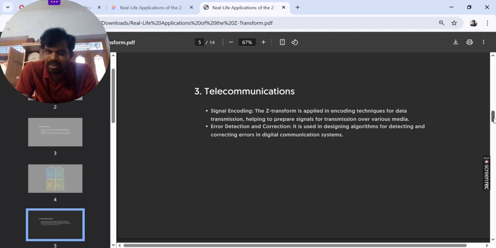So we know that in a communication system, the main elements are mainly three. In addition to that, we are going to consider one more thing: in practical cases, there is a presence of noise while transmitting the signal from transmitter to the receiver.